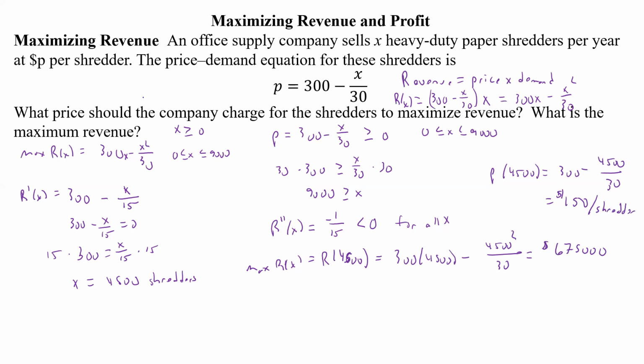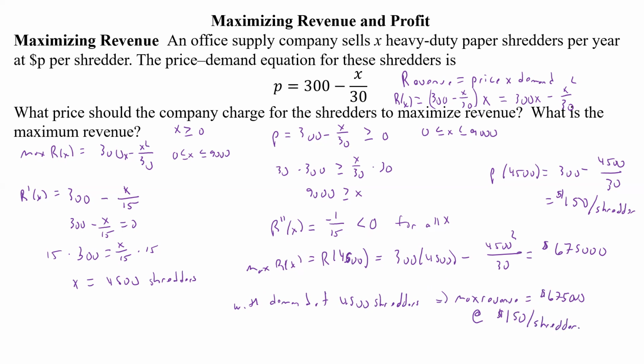So what price should the company charge for the shredders to maximize revenue? And what is the maximum revenue? With a demand of 4,500 shredders, the max revenue is equal to $675,000 at a price of $150 per shredder.